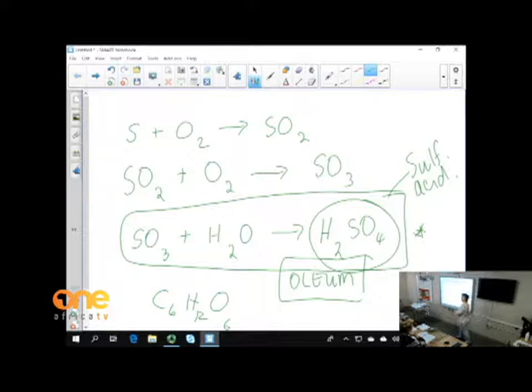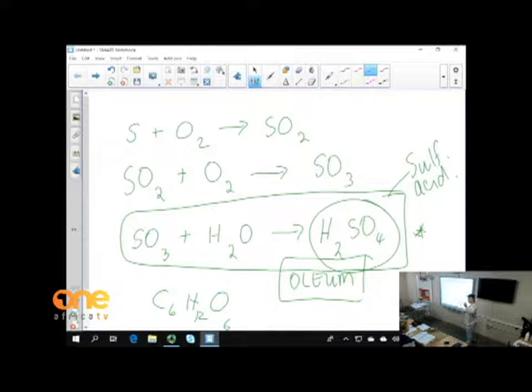To make sulfuric acid from oleum, what would we have to do? Yes, add water. Okay, and then it will ionize and it produces sulfuric acid. When you add the water, you never take your bottle of oleum and add the water to the oleum. Okay? You do it the other way around.